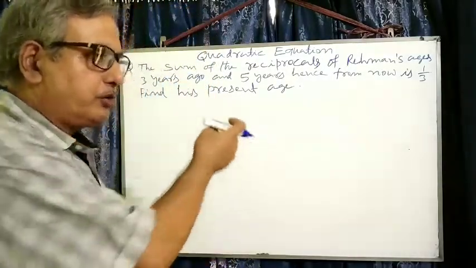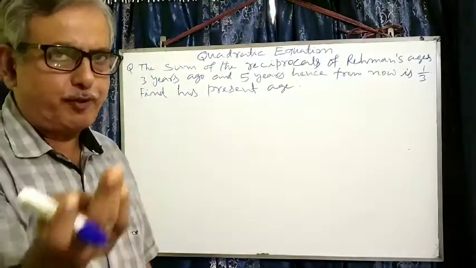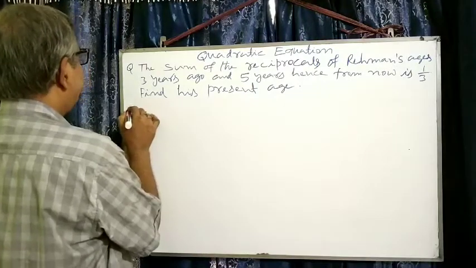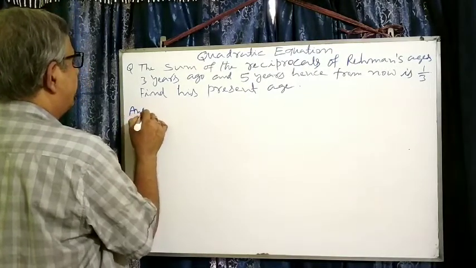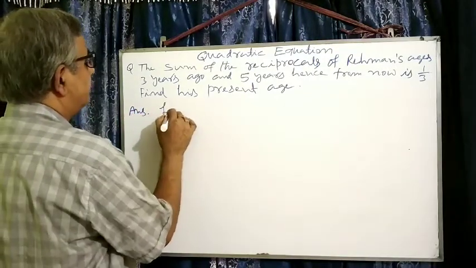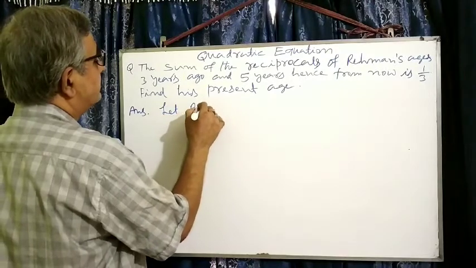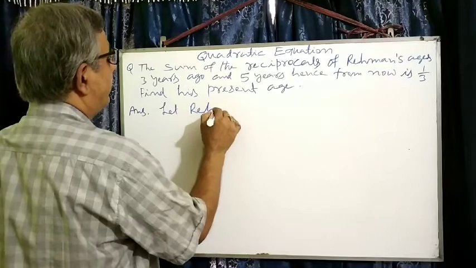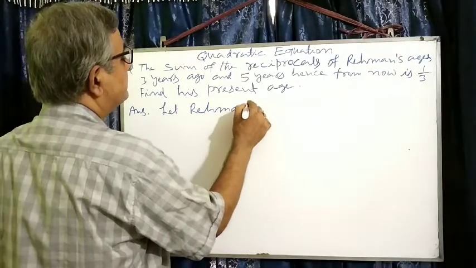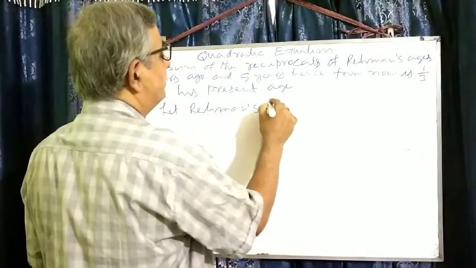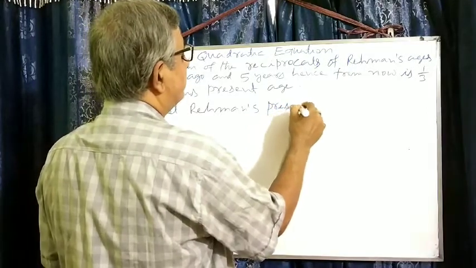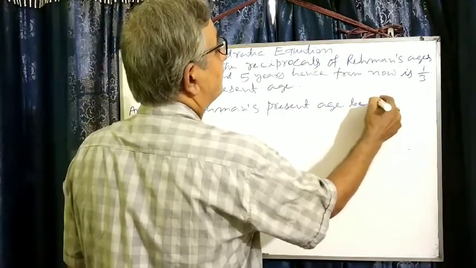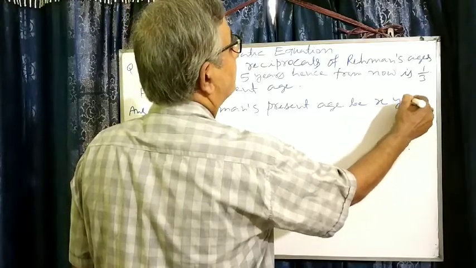So we don't know the present age. Present age you have to find out. You suppose what is the present age? Answer I am writing. Let Rahman's present age be x years.